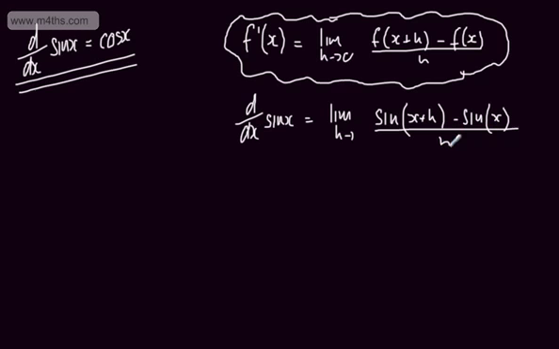At this stage, we use one of our trig identities, and we also use a small angle approximation. If we just go back to one of our trig identities, we know that the sine of p minus the sine of q is equal to 2 cos of (p plus q) over 2 multiplied by the sine of (p minus q) over 2.